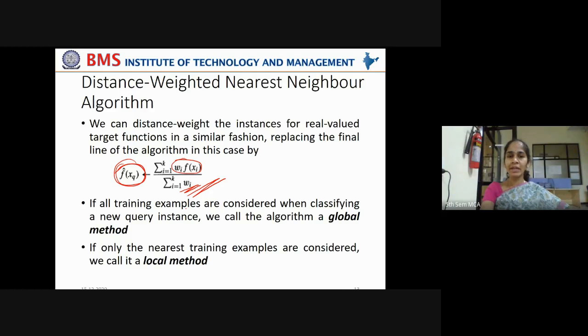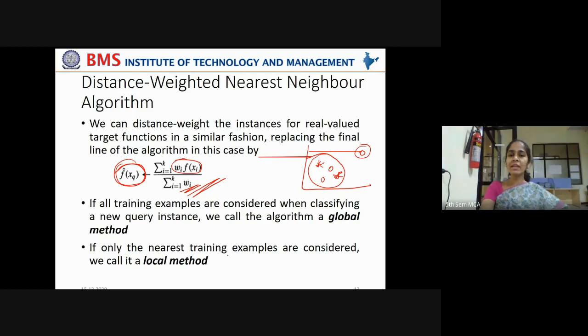Now, if all training examples are considered when classifying a new query instance, we call the algorithm a global method, right? Say a new instance has to be classified. If you consider all the values in order to classify this new instance, we call it a global method.